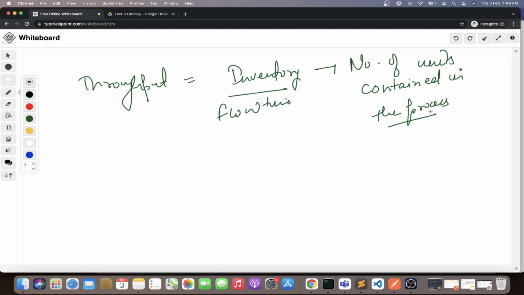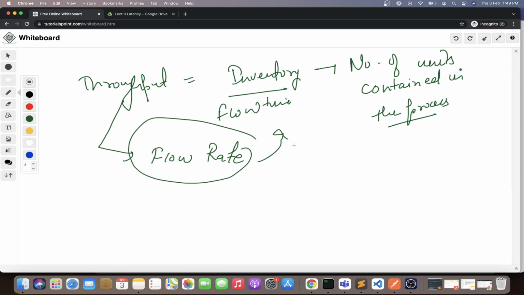Now we can define it in another style, as the flow rate. If we divide inventory by time, it gives us the flow rate, and the flow rate is also throughput. We can also call throughput the flow rate. So this is another definition of the same.